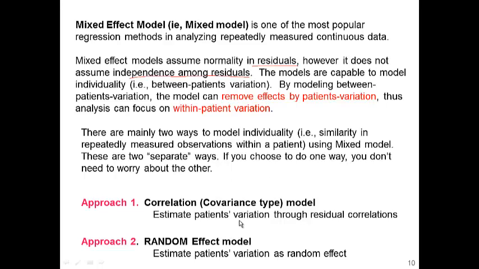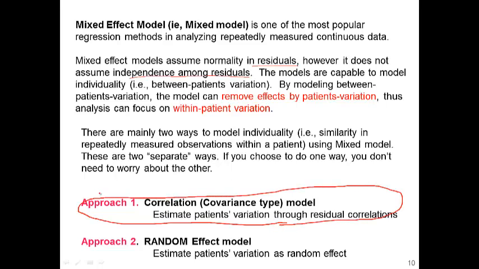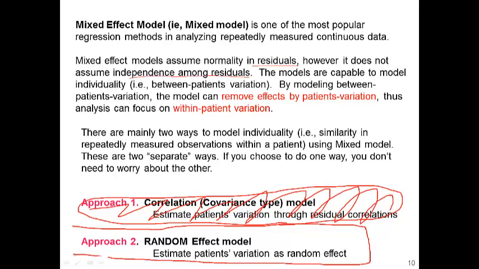Okay, so we already did the correlation method. So we already finished talking about the correlation method. So today we are not going to use correlation structure, although we are going to talk about random effect. The purpose is to remove between-patient variations from the analysis.